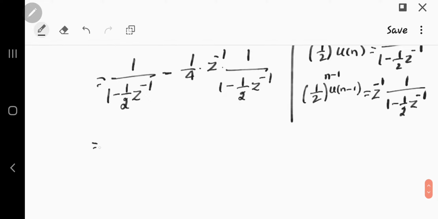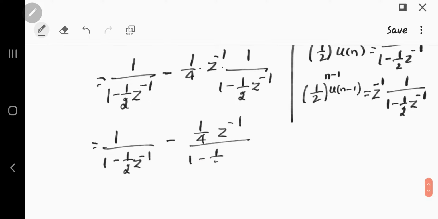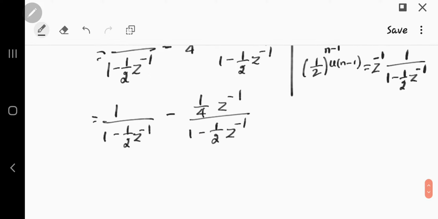Now combining this, we can write that 1 by 1 minus 1 by 2 z inverse minus 1 by 4 z inverse divided by 1 minus 1 by 2 z inverse.